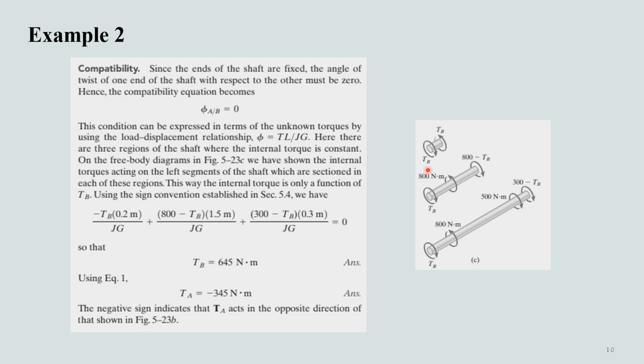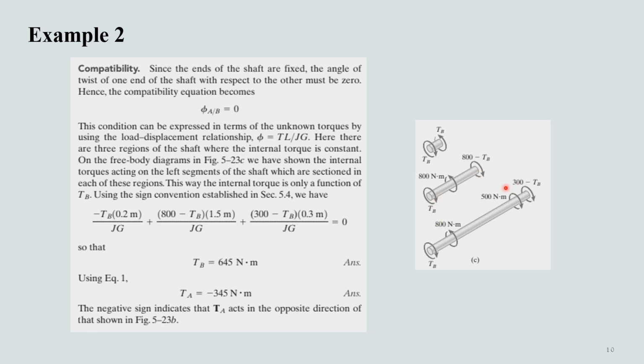So for the first segment, it will be minus TB divided by JG. Then we'll have plus 800 in the other segment. The applied torque, or the internal torque, will be equal to 800 minus TB.